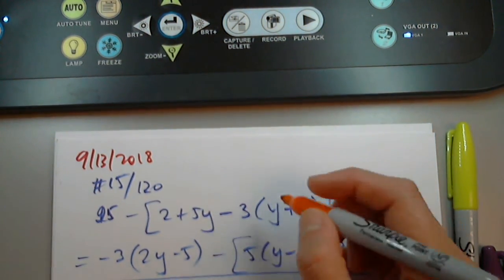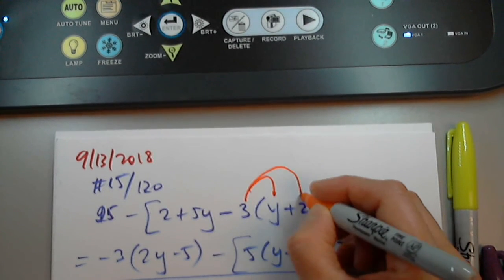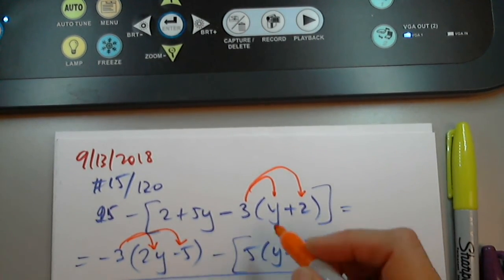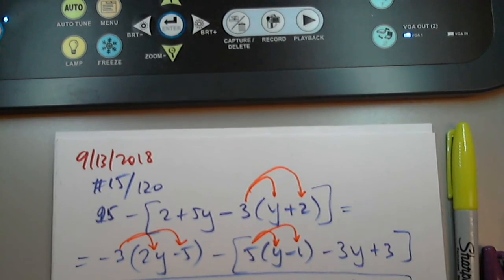Okay, so yes, this is the first step. I have to distribute negative 3 to these two terms. Also, negative 3 has to be distributed to these two terms. Also, 5 has to be distributed to these two terms. So this is the first step that I have to perform. In other words, eliminate parentheses. And there are no more parentheses after I'm done with this.